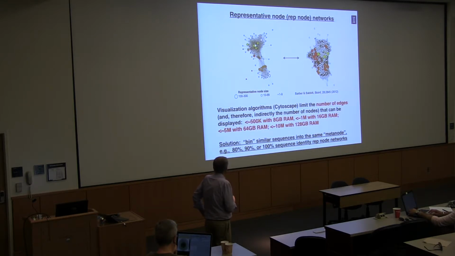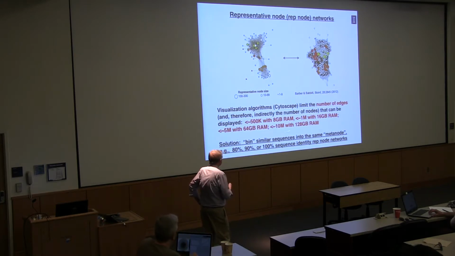A useful guide is that if you've got 8 gigabytes of RAM, you can open a network with about 500,000 edges. If you've got 16 gigabytes, 1 million, 64 gigabytes, 5 million edges, 128 gigabytes, 10 million edges. Okay, I happen to have one of these in my office and one of these at home. I'm told that lots of people don't have those.